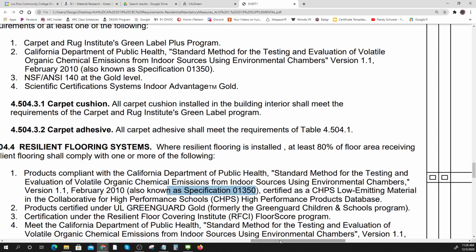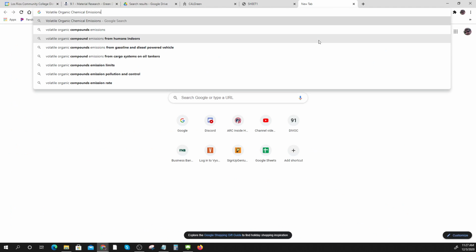How do you read this? Evaluation of volatile organic chemical emissions. So first of all, you have to go, okay, well, what is that? And it takes time.